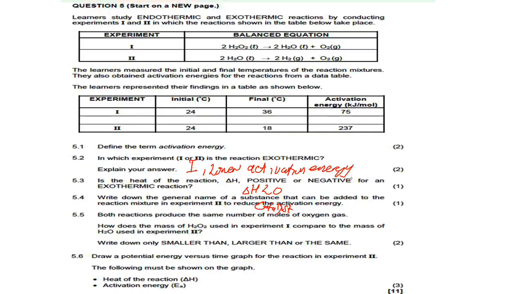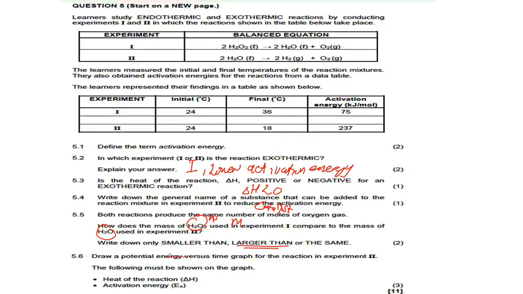So obviously this would have to be based on the molar mass. The molar mass for this one is way bigger than the molar mass for H2O, right? So if this one has a bigger molar mass, that means it also has a greater mass, right? So how does the mass of H2O2 used in experiment 1 compare to that used in experiment 2? It has to be larger than.